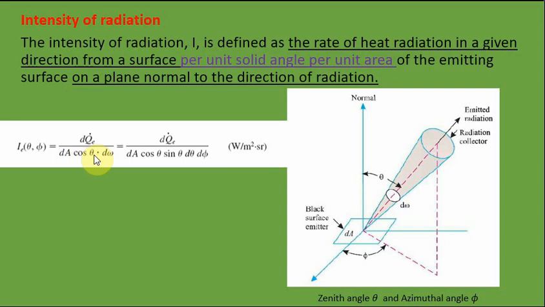What is dA cos theta? We are projecting this dA in a plane perpendicular to the direction, perpendicular to this dotted line. That means we are projecting dA perpendicular to this dotted line, something like this. So what will be the value of this dA in this projected area? It will be dA cos theta.